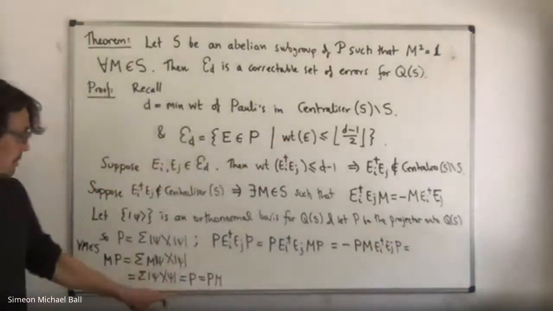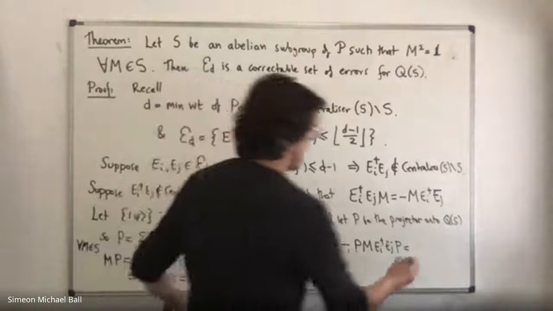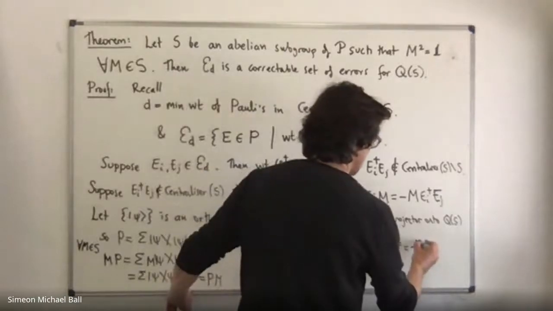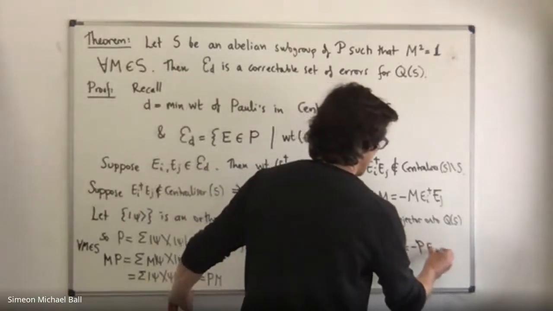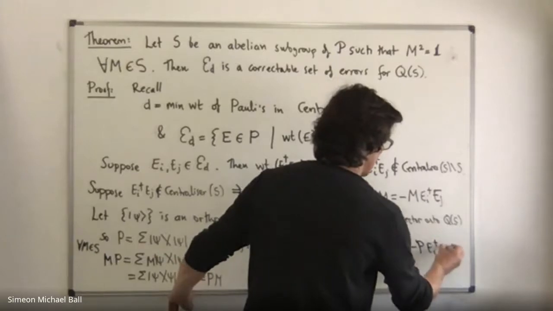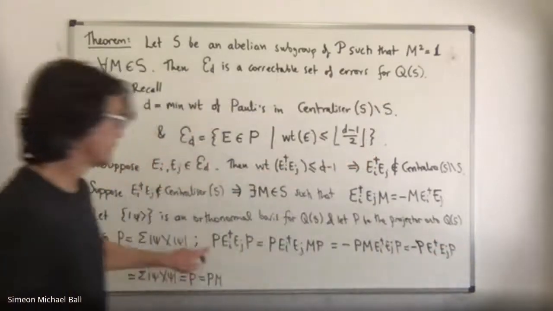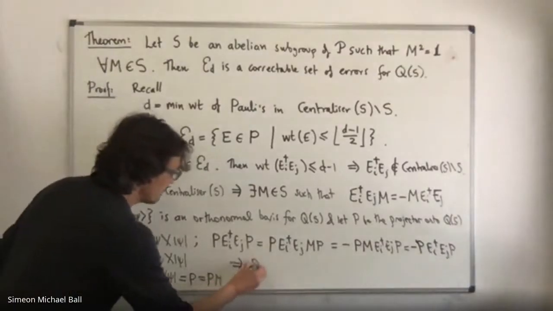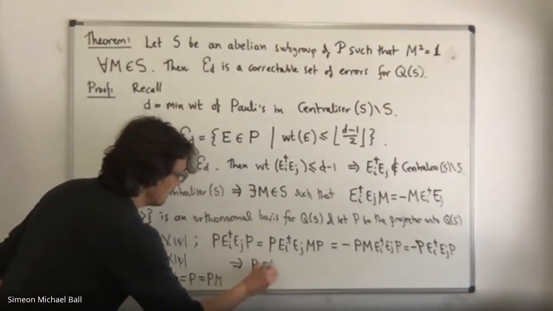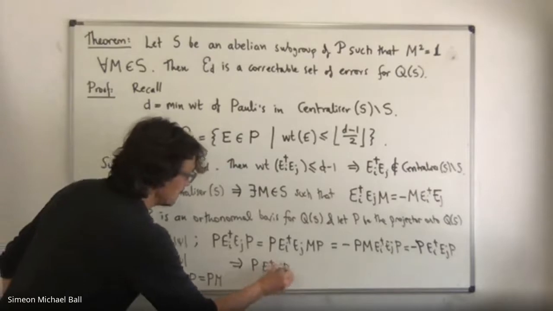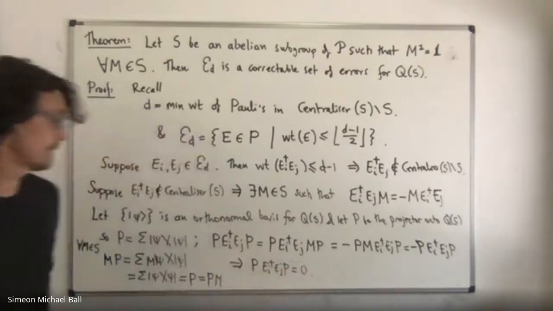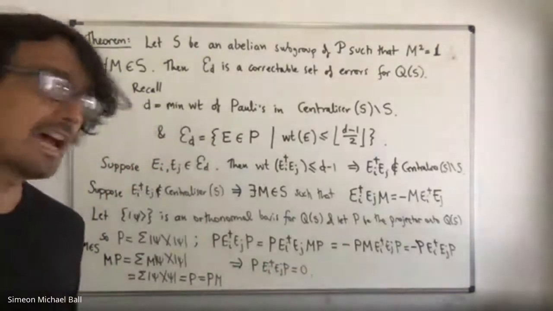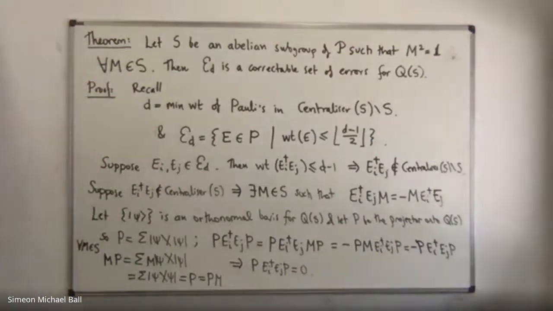But PM is also equal to P, so this is just minus P E_i† E_j P. And so we've successfully proved that P E_i† E_j P is in fact 0. So there's our a_ij, which is in fact 0.